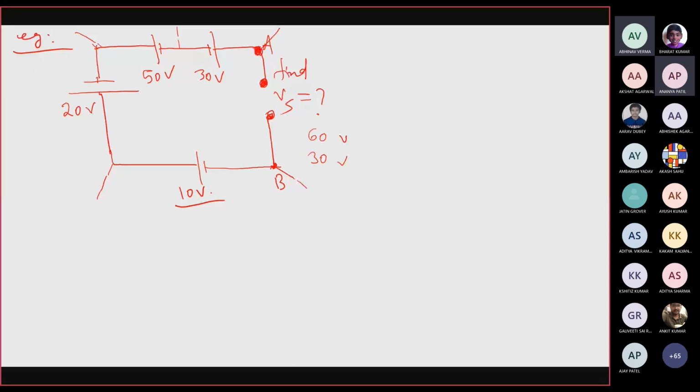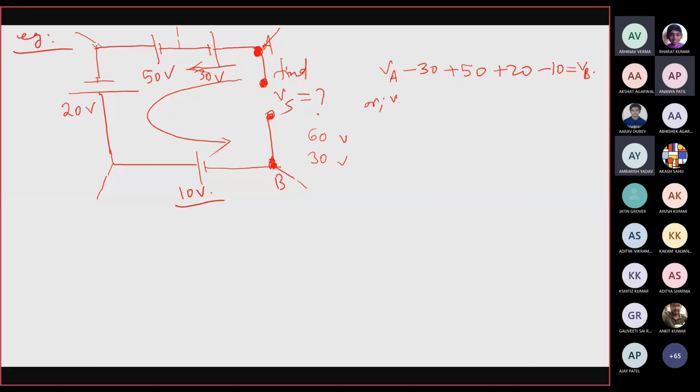We will start from this A and we will reach this point B, and let us consider we are moving in this direction. So VA, then minus 30 because we are moving in this direction, then plus 50 plus 20 minus 10 will be equal to VB.